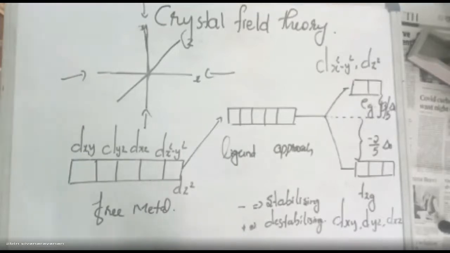The major repulsive interaction happens along the axis, because ligands are approaching through the axis. So the orbitals present in the axis of the metal ion will experience more repulsion than those present in the planes.